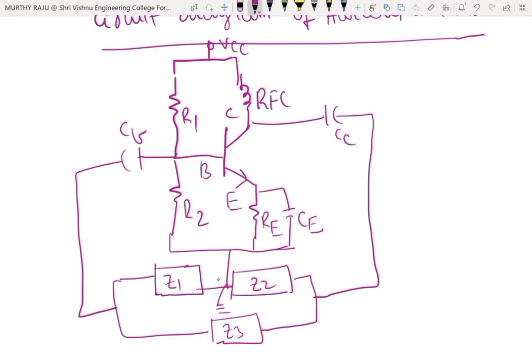This is the actual circuit diagram of Hartley oscillator. The entire circuit diagram is called Hartley oscillator, a combination of amplifier and feedback network. This dotted line circuit indicates the tank circuit.